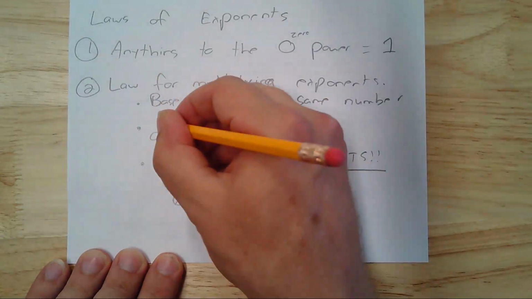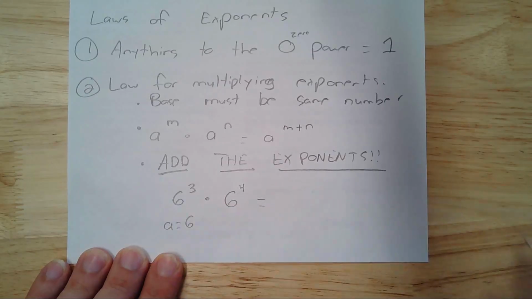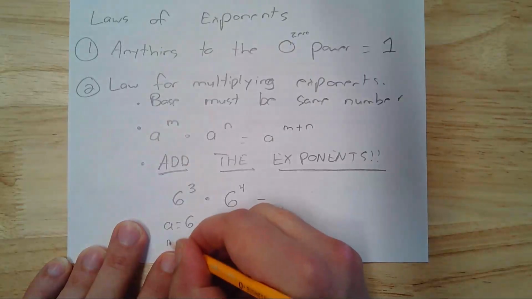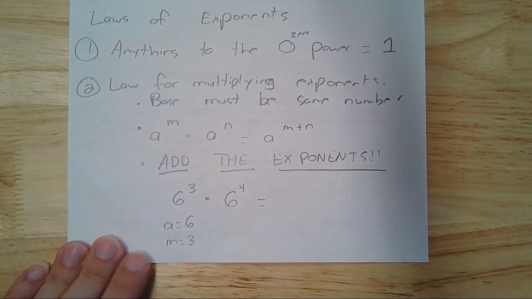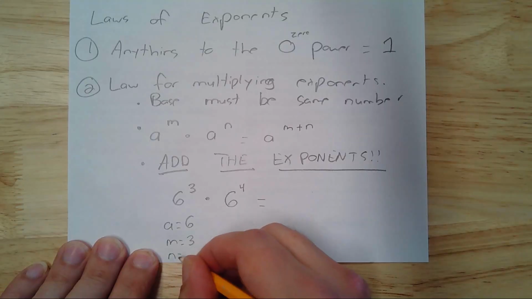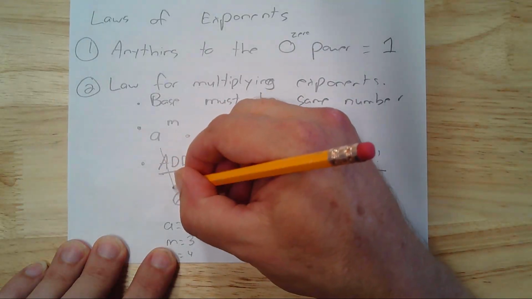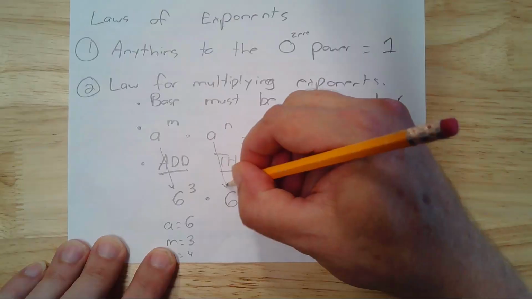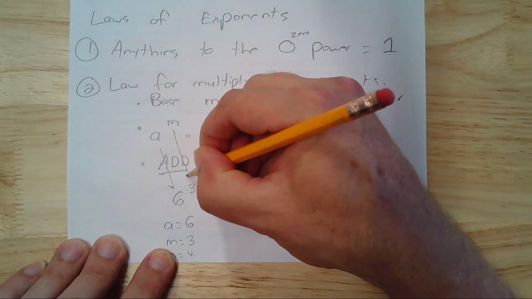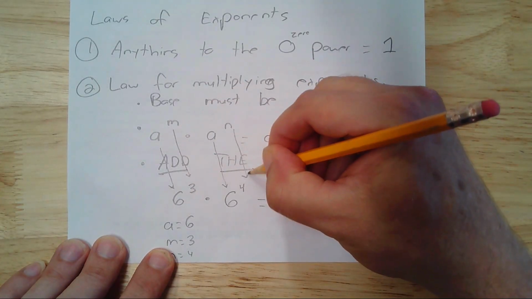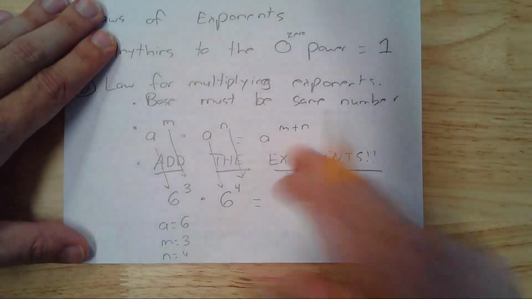Because go back up here, A is 6. What is M? 3. M is 3. What is N? N is 4. Because A is whatever the base is. It's always got to be the same. M and N are the two exponents. So what I'm saying here is I add these together.